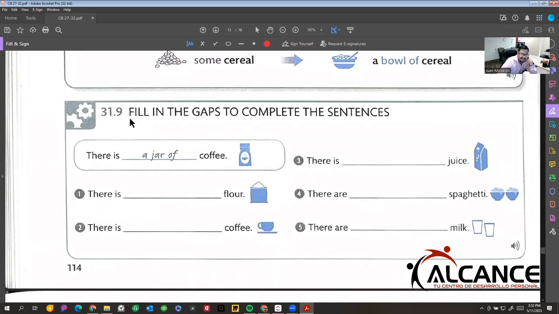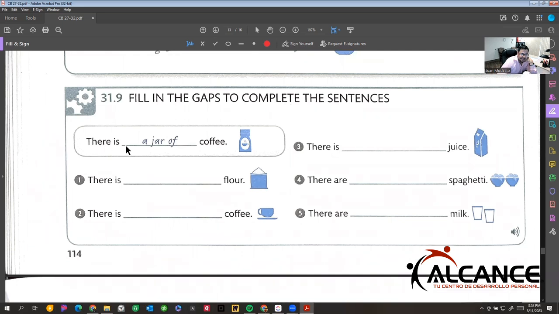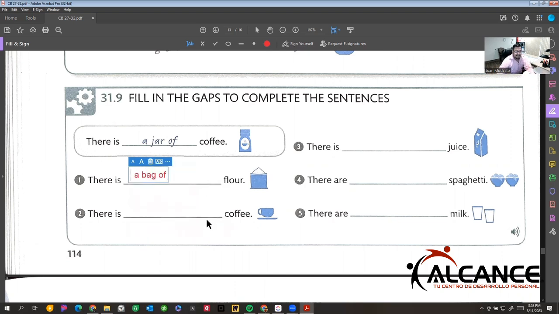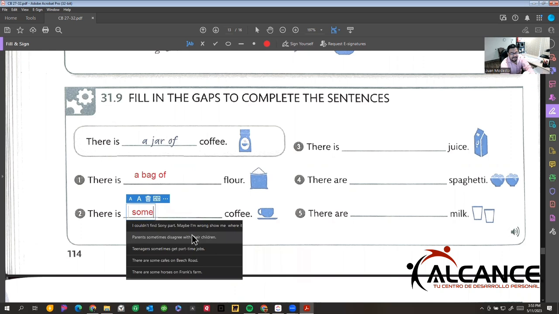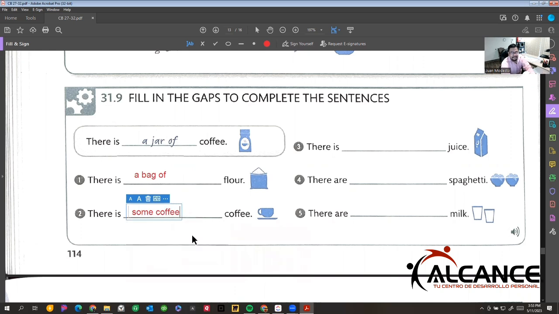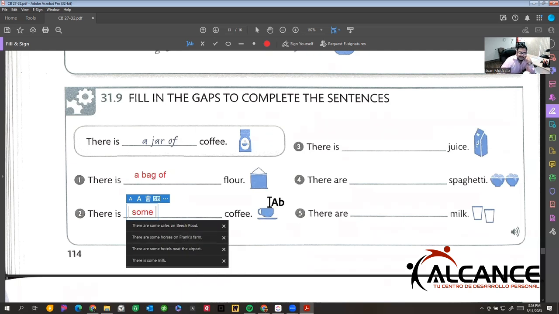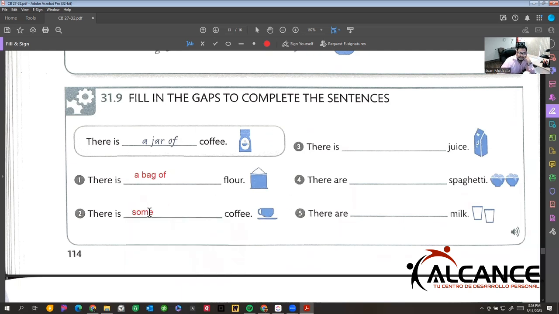Y aquí nada más llenamos, fill in the gaps and complete the sentences. There is a jar of coffee. There is a bag of. No se olviden de la palabra of, que es un auxiliar. There is some coffee, right? There is some coffee. Oh, I'm sorry.